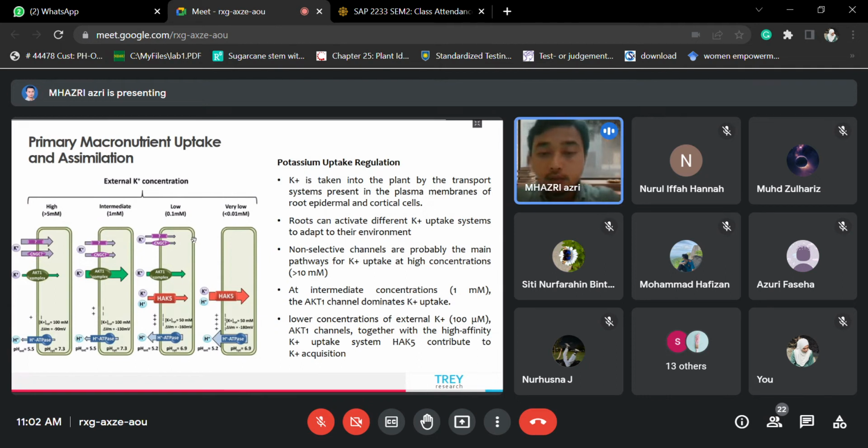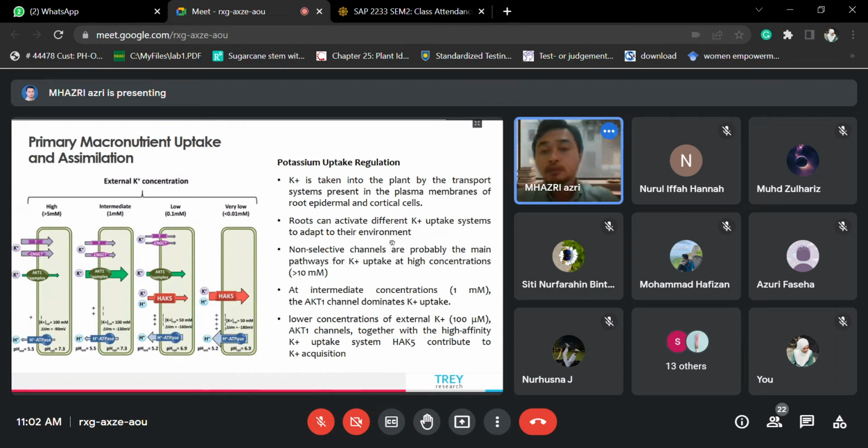Okay. Non-selective channels are probably the main pathway for potassium uptake at high concentrations. At intermediate concentrations, the active potassium transporter 1 channels dominate potassium uptake. At lower concentrations of external potassium, active potassium transporter channels together with high affinity potassium uptake systems contribute to potassium acquisition.